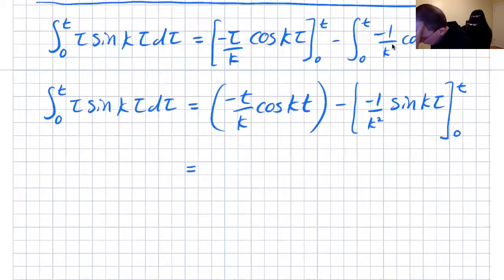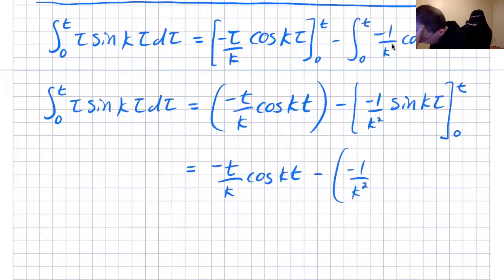Okay, so then let's put this together. So we have minus t over k cosine kt minus 1 over k squared sine kt. And when I put 0 in there, sine of 0 is 0. So I just get that.